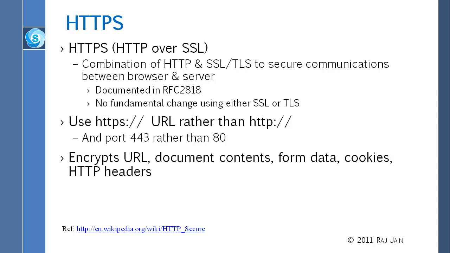So with port 443, it goes through SSL. With 80, it goes straight to the HTTP module. And with HTTPS, the URL, the document contents, the form data, cookies, everything is encrypted. Anyway, the summary is, every time you see HTTPS, you are doing SSL or TLS.